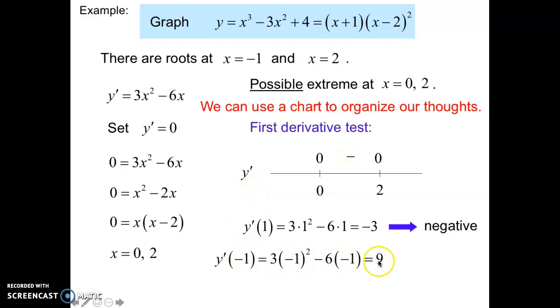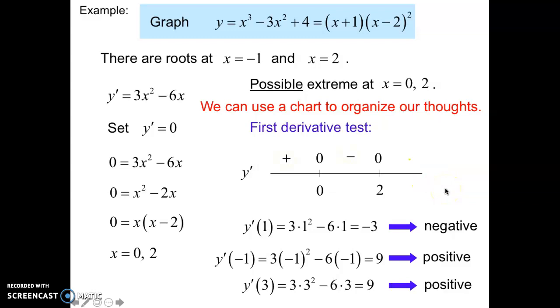I put it into the derivative. Here the derivative is positive. And then I pick another point on this third region greater than 2, on this side of the critical point of 2. I pick 3. You could pick any point, by the way, greater than 2. Here we see the derivative is positive.